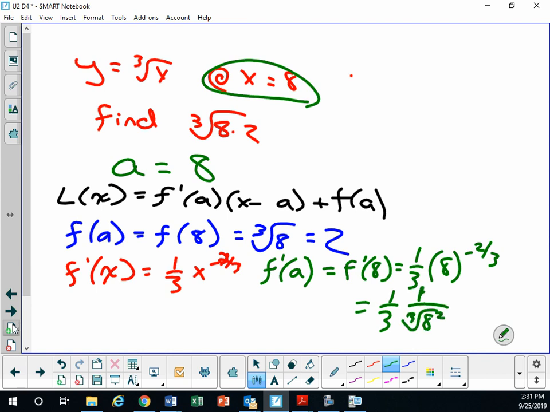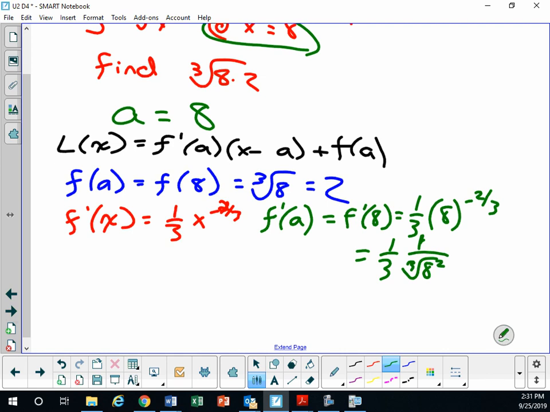The cubed root of 8 I can do, I'm actually going to do that first. The cubed root of 8 is 2, and then 2 squared is 4, which makes this 1/12. The only reason I did the cube root first is because, yes, you know what 4 squared is, but if that was like 27 squared, I don't know what 27 squared is, but I know what the cube root of 27 is, and I can do 3 squared. That's the whole point of doing it that way.